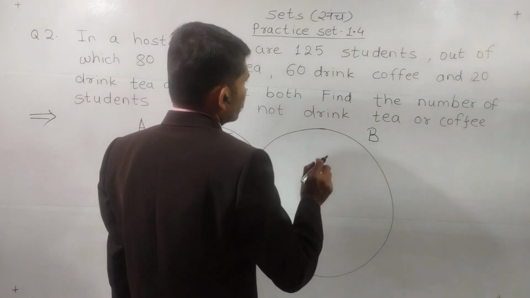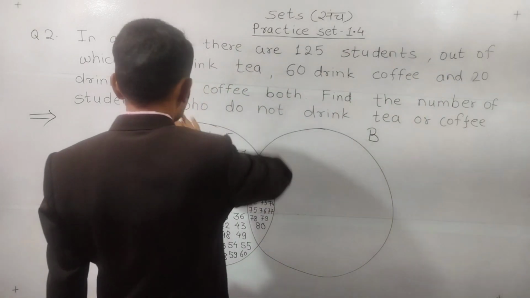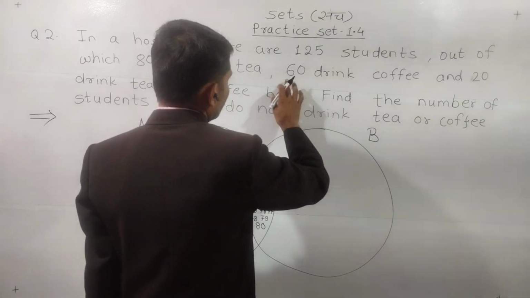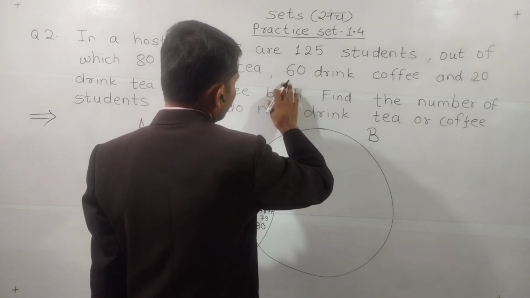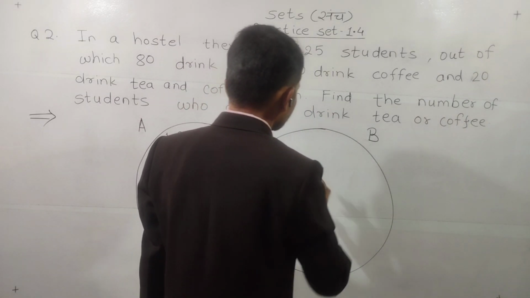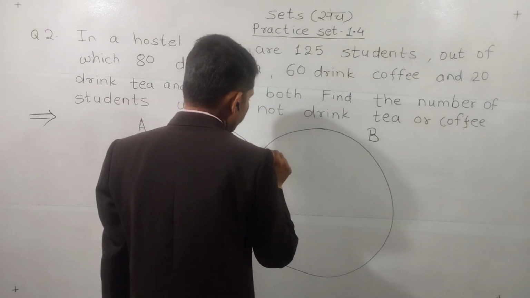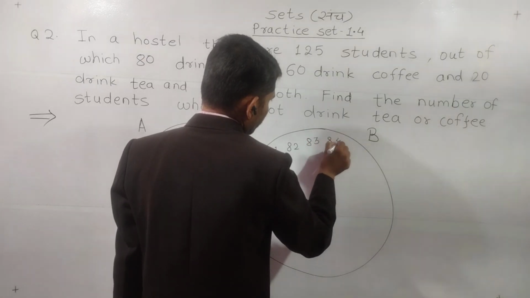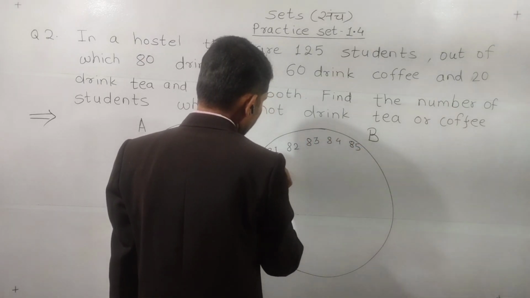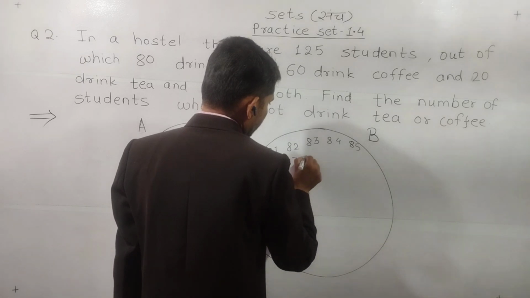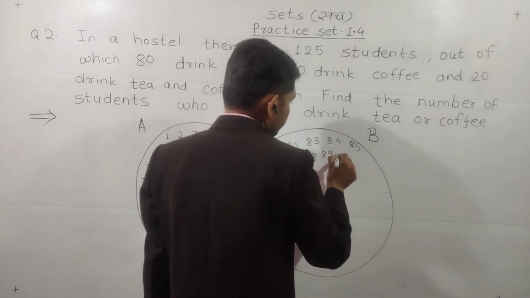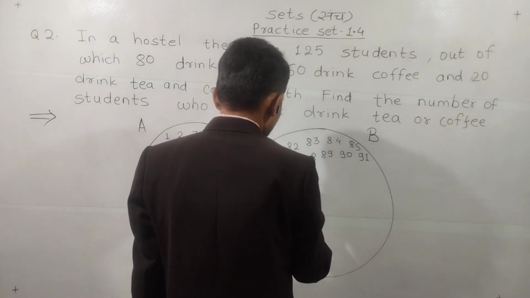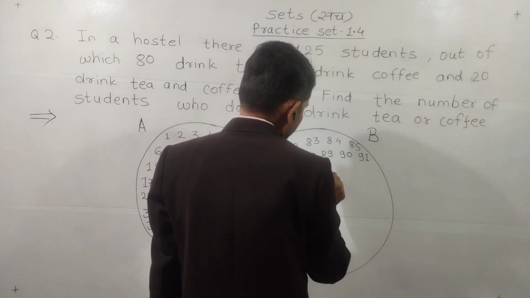So 20 students are common, the intersection of A and B. Already we have taken 20 students, out of which, out of 60, we have to write the 40 remaining students here in set B. Okay, so 81, 82, 83, up to 120.